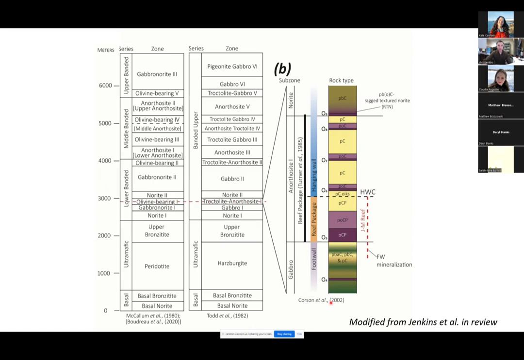The gabbro subzone, which is made up of complexly interlayered norites, gabbronorites, and anorthosites, and that's overlain by the anorthosite subzone, where the reef is hosted in a package of rocks known as the reef package. And again, those are very coarse-grained textured rocks, which are overlain by more anorthosites and troctolites that tend to have finer grain textures.